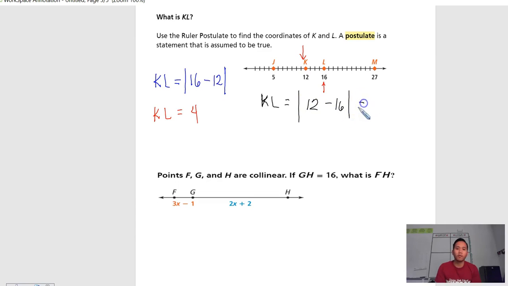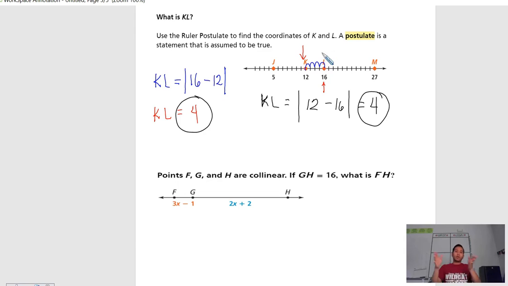The absolute value of that will still be 4. So they will be the same. If you count KL on your number line, that is from here, 1, 2, 3, 4. It is 4 units from each other.